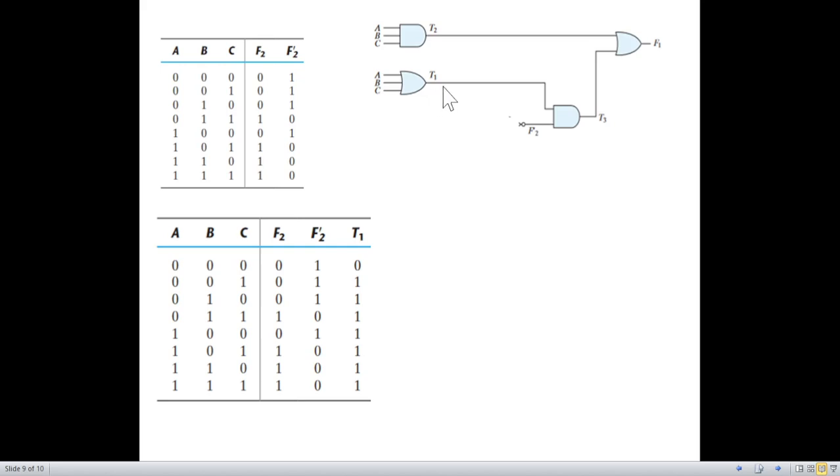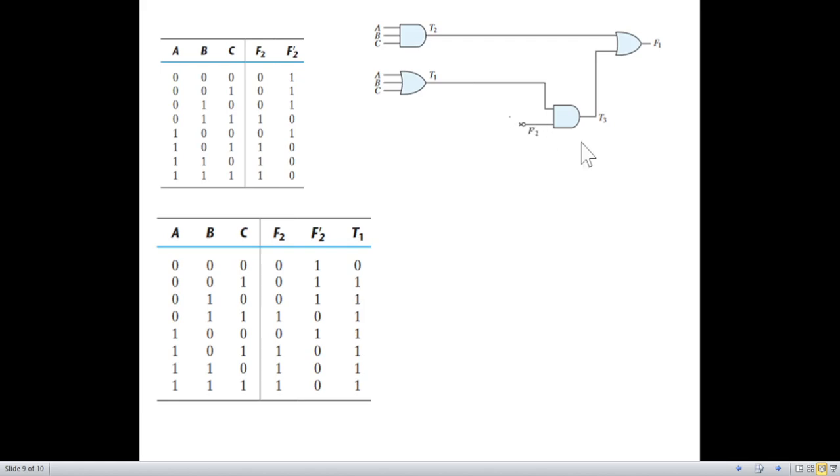And what is T1? We had found F2 and F2 dash up to this point. And then T1, you can see, is an OR gate. So OR gate means wherever there is a 1, we'll have a 1, 1, 1, 1 all the way, except for the first row. So T1 we have found.